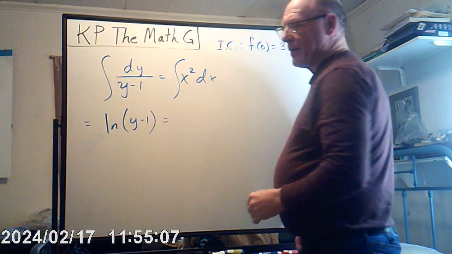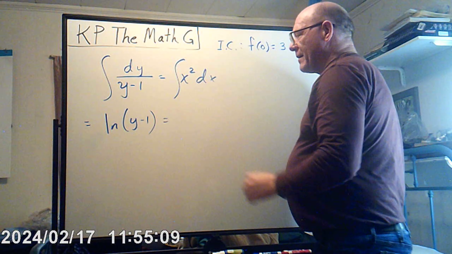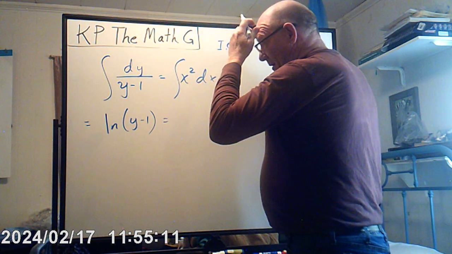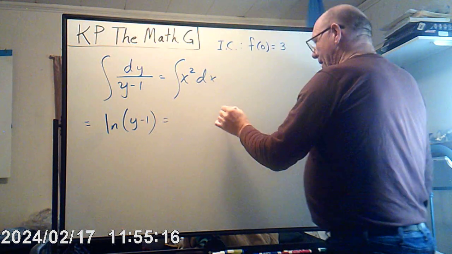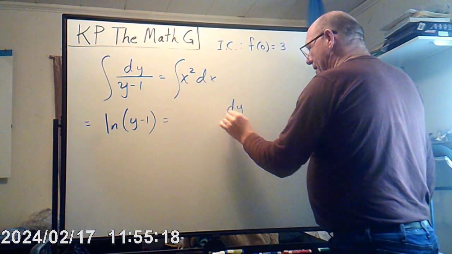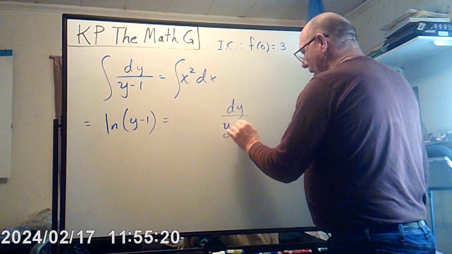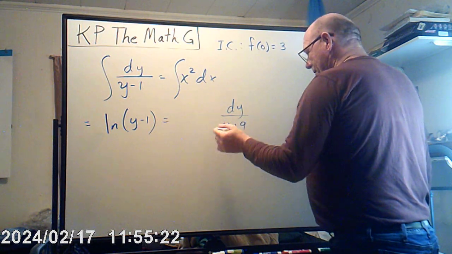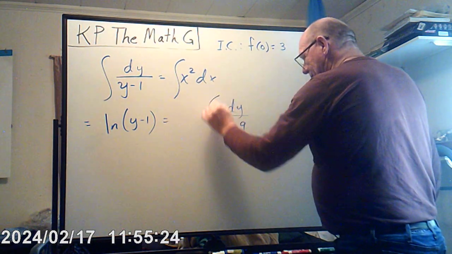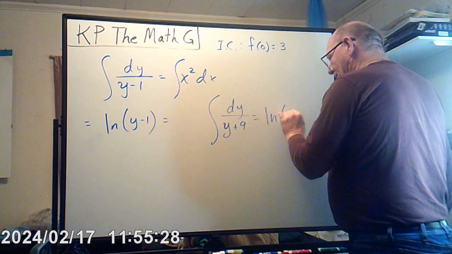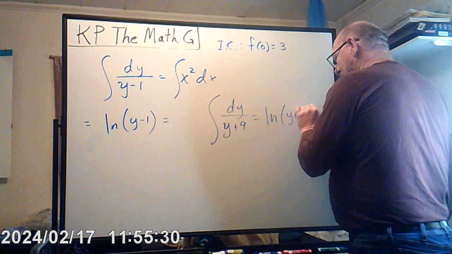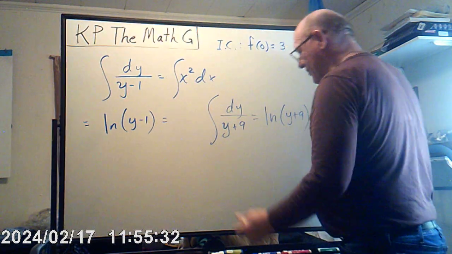Automatically ln. Just so you know, you can do this without thinking. If I had dy over y plus 9, this is just equal to ln of y plus 9, plus c of course.